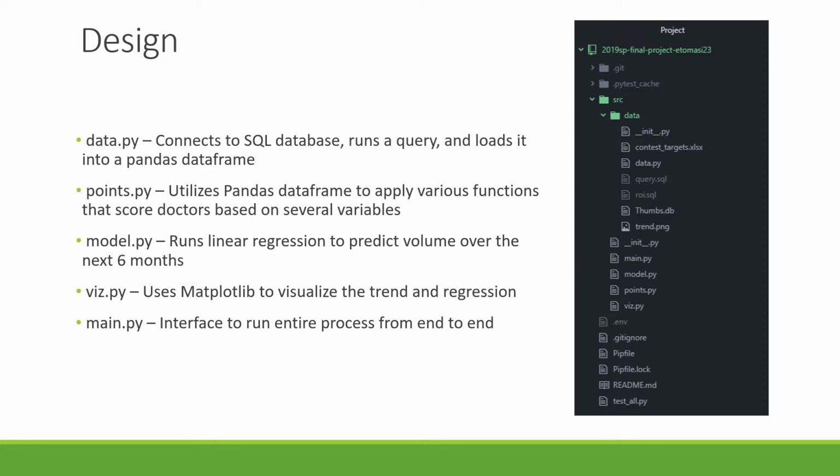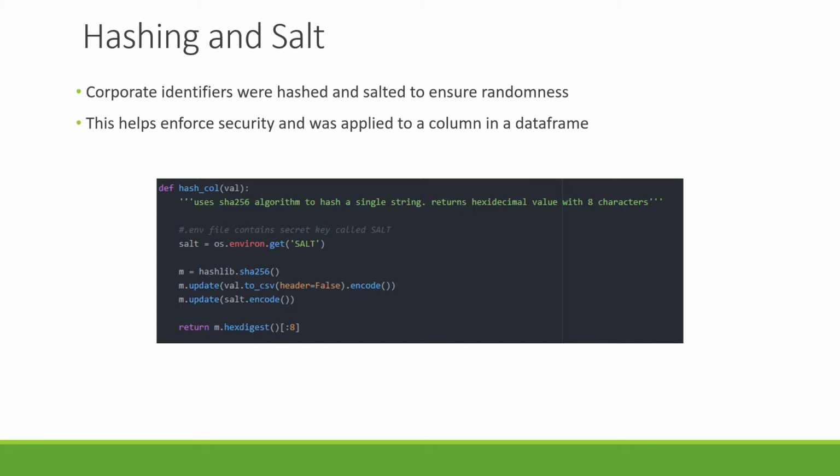The doctors with the highest points are ranked highest in the territory, and the top 20 are selected for our sales representatives to call on. Another file runs the linear regression, one has the matplotlib visualization, and a main.py file ties all of that together.